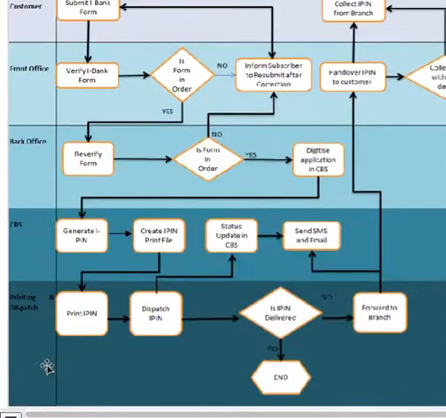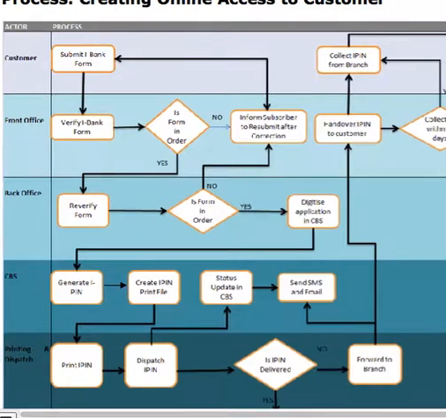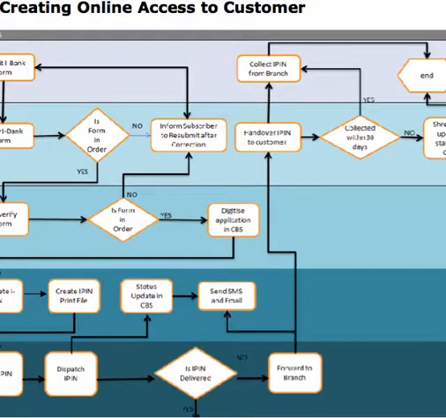And then this is how it is. So these are the processes that have been captured and interlinked using the swim lane, and here it is. So everyone will know what their role is within the processes.